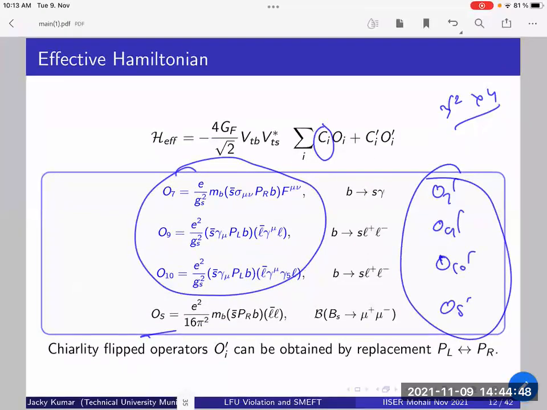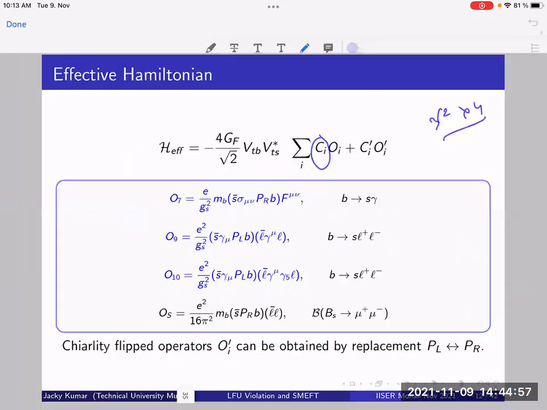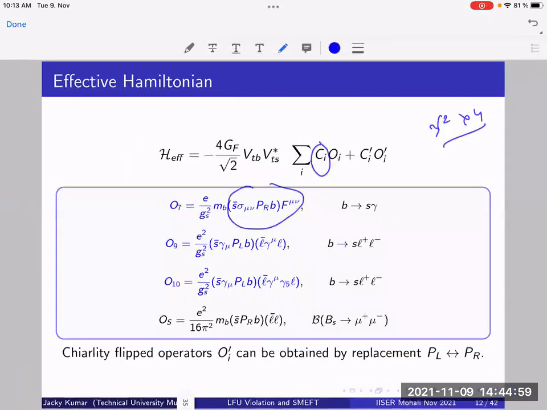So the thing is, if you see this operator, S bar sigma mu nu B F mu nu, this is formally dimension 5, right? F mu nu is a field strength, so it goes like a square, and this part is dimension 6. Basically, this gives rise to B to S gamma. But the gamma, as you know, is universal.